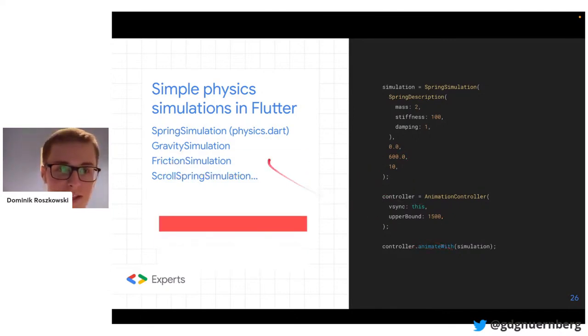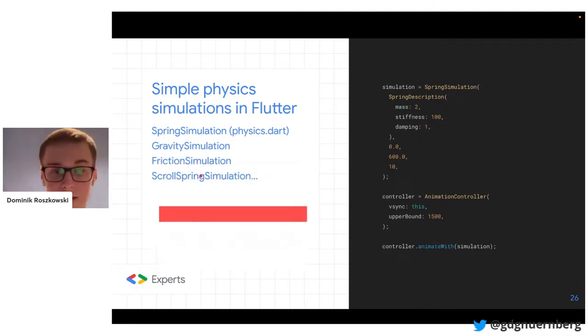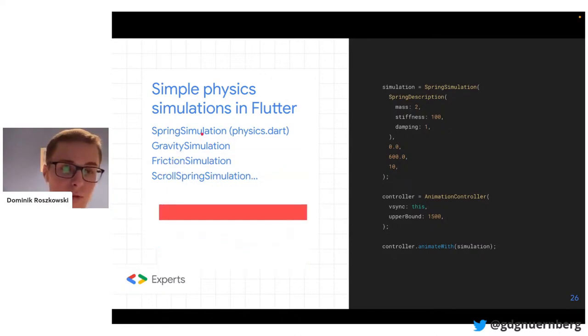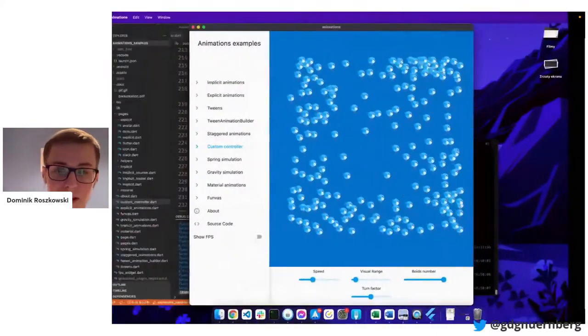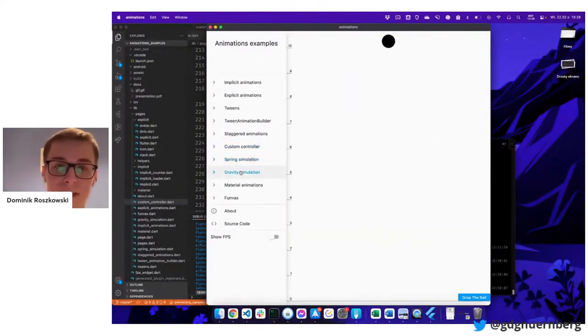And the nice thing is that there are also other simulations: gravity, friction, scroll spring, and Flutter is using all of them in some way or another, for instance, to make nice UI behavior. If you go to the demo app, you will see this basic spring simulation, but there is also a gravity simulation. And this is, again, a very simple mathematical formula.